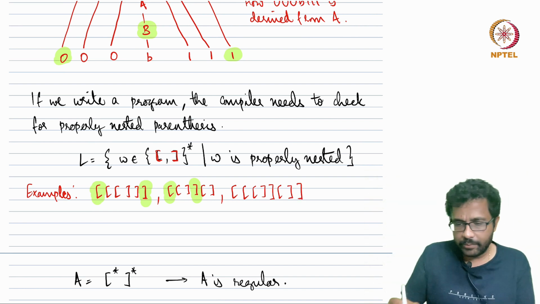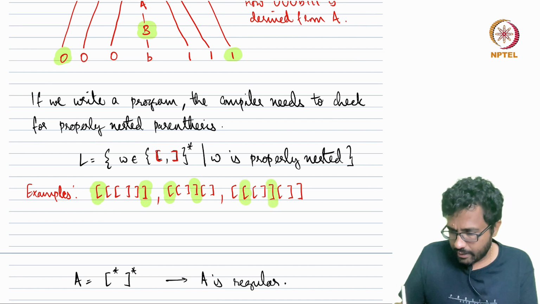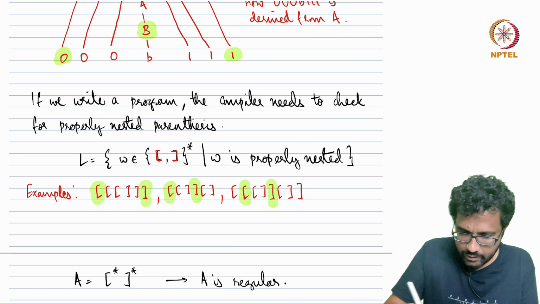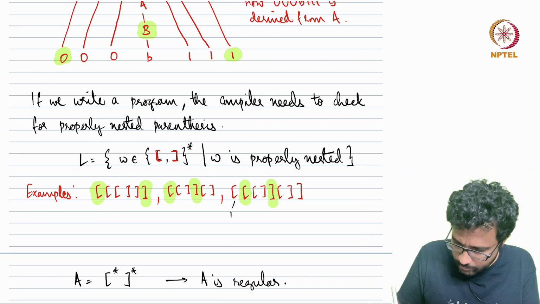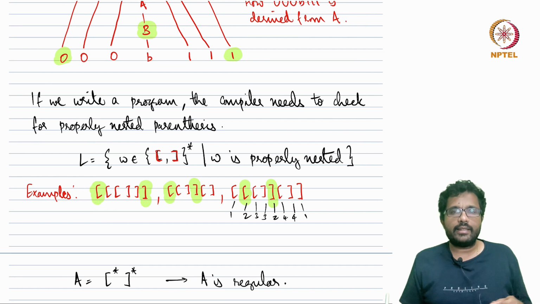Here is another example. This matches with this, and you can see why they match. Maybe I'll just note it down: 1 matches with 1, 2 matches with 2, 3 matches with 3, and 4 matches with 4. So what do I mean by properly nested?